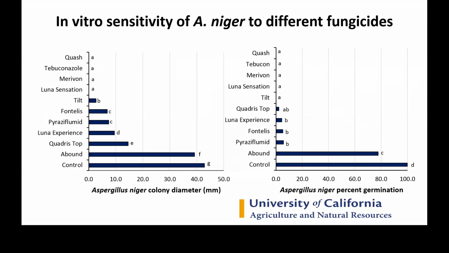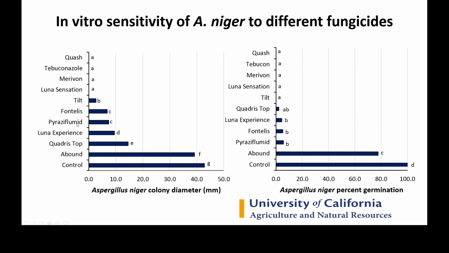For Aspergillus, all right, Dr. Themis Michailides did some in vitro work looking at different fungicides in their efficacy against Aspergillus niger. So here is the growth of Aspergillus niger in vitro in a plate that is amended with 10 ppm of each of those fungicides.